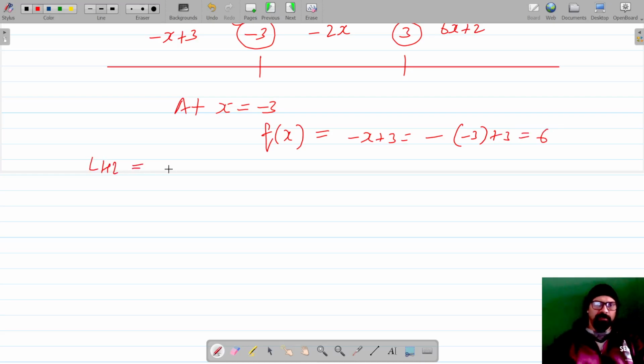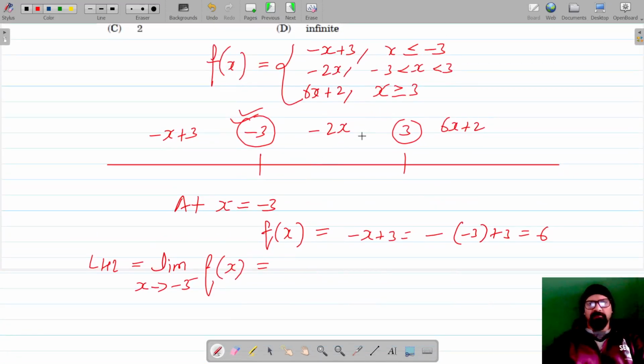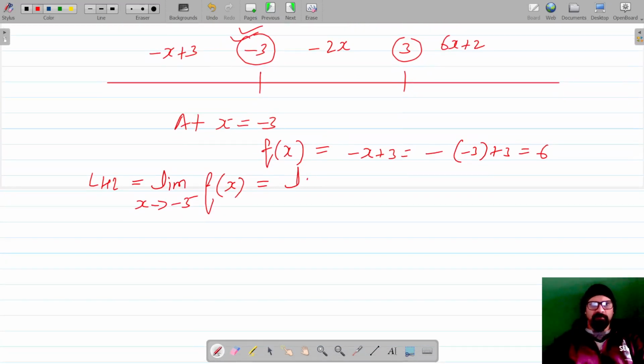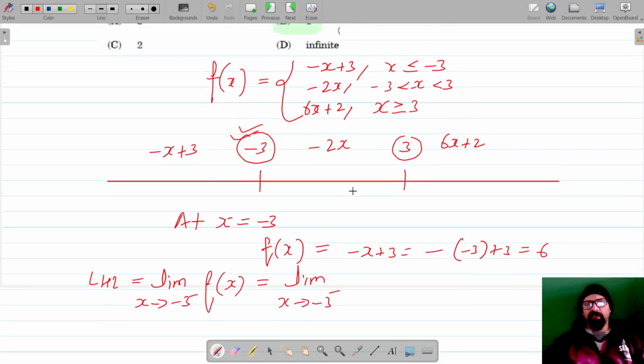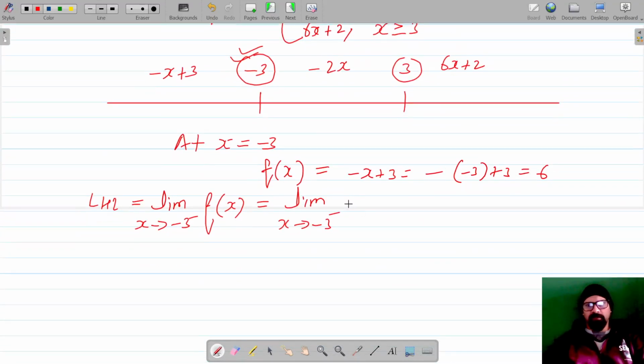So left hand limit is equal to limit x tends to negative 3 minus, and for x less than negative 3, the value of the function is negative x plus 3.